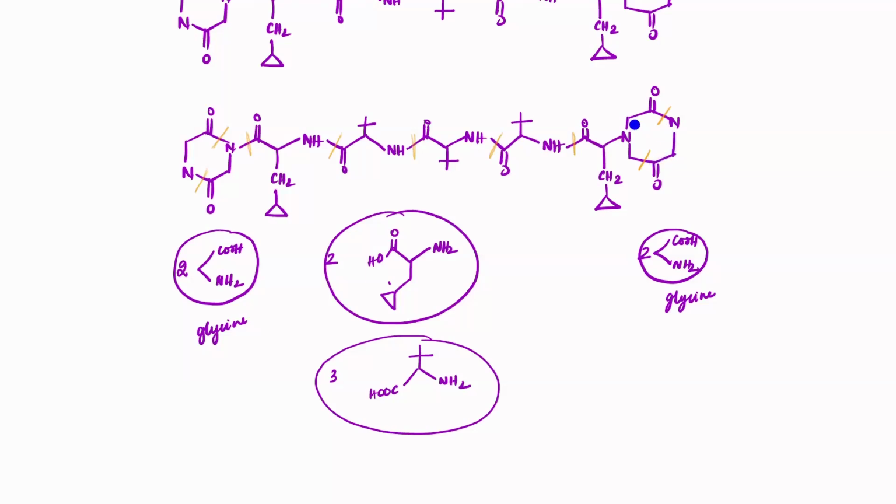So I think I made one mistake here. This should be directly connected. This was directly connected like this. So I broke it here and here. So again, I'll get 2 moles of glycine and this entire thing will become NH2. So now I got a total of 4 moles of glycine, 2 moles of this compound and 3 moles of this compound.